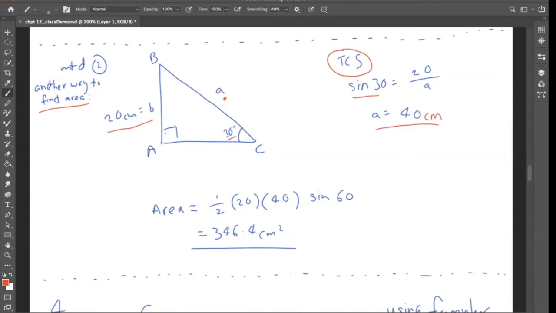So I got A, I got the side B, then I can plug in the formula, sine 60, because I know angle B is 60 degrees. This one is 40 centimeters. So I can use the formula to find the area. So this is method 2.